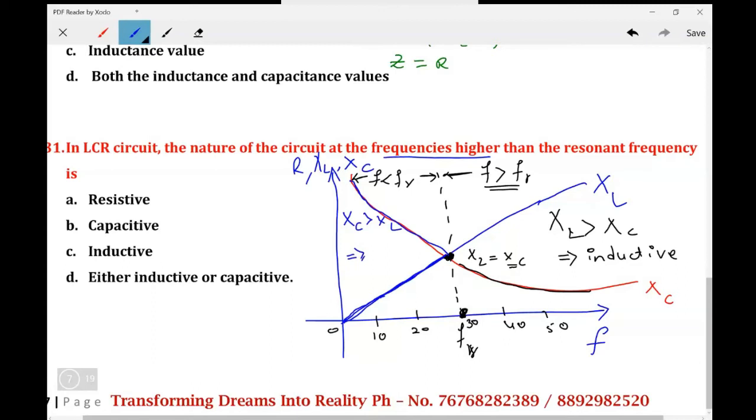Capacitive circuit, because it behaves as capacitive.